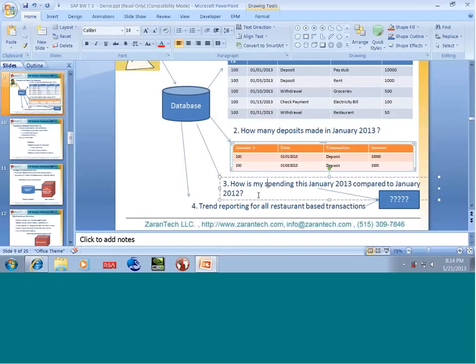With the traditional transactional database, I would not be able to make such a report. The reason is that a transactional database is purely meant for low volume data. Since it has to be very efficient in inserting, updating and deleting transactions, it is meant to store only a lesser volume of information.